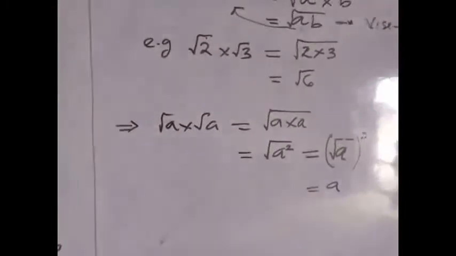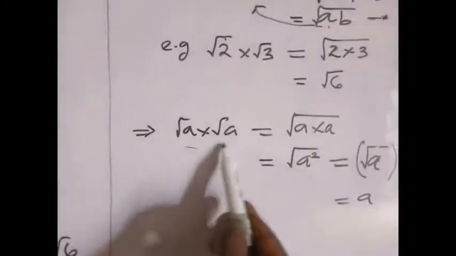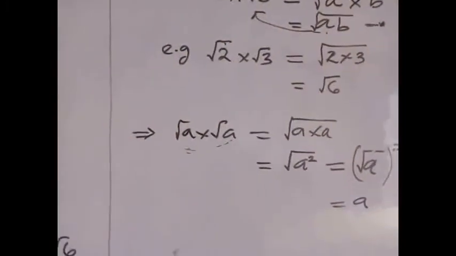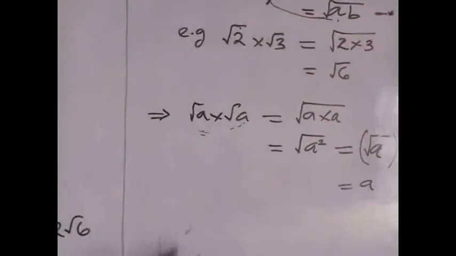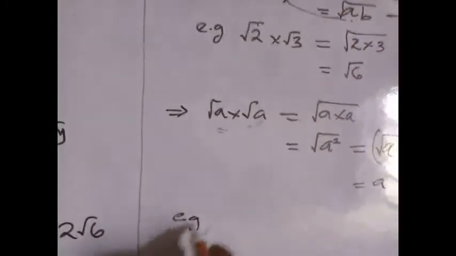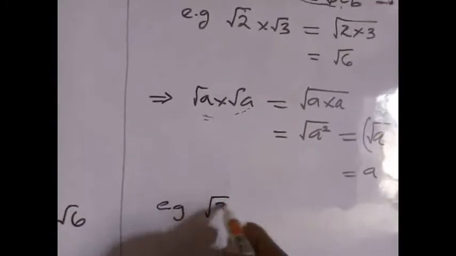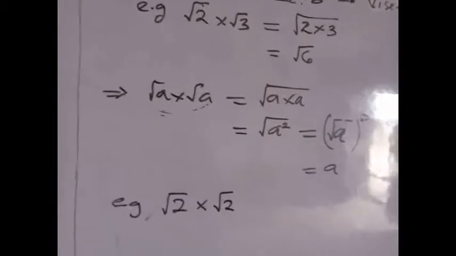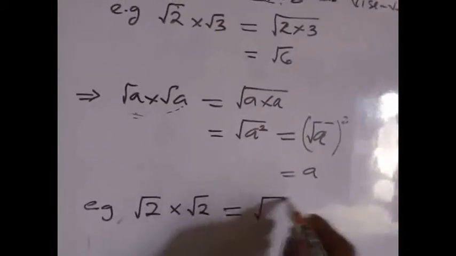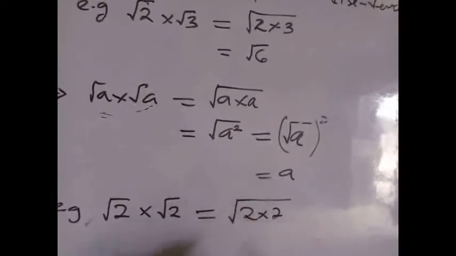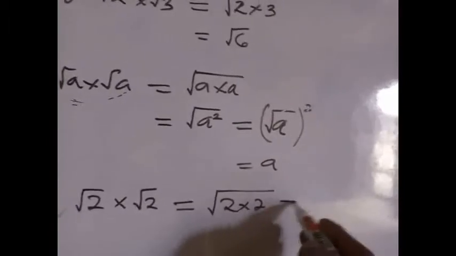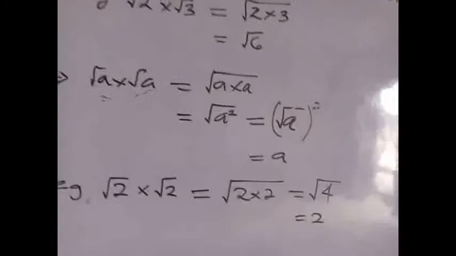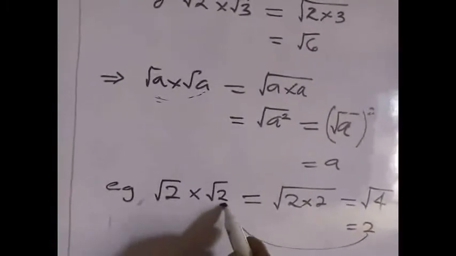So what we are trying to say is that when the same root of a number is multiplied by itself, it gives us the number. For example, if we have two similar roots of numbers multiplying each other, this is going to give us square root of 2 times 2, which is square root 4, and root 4 is 2.